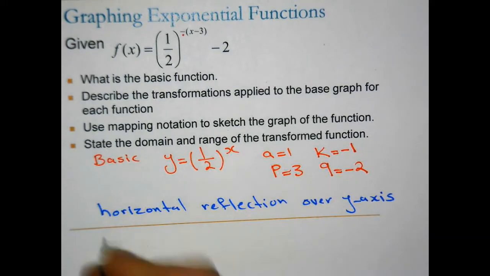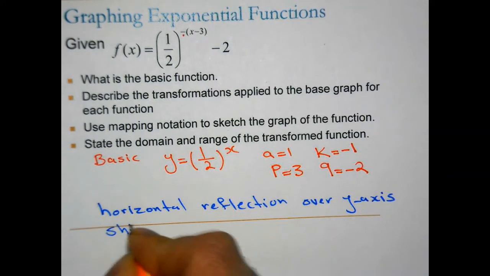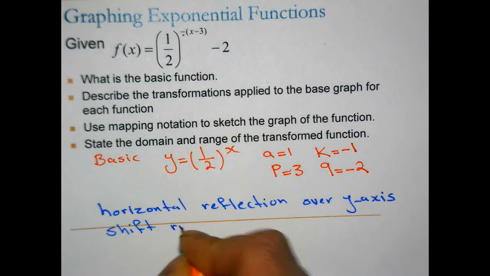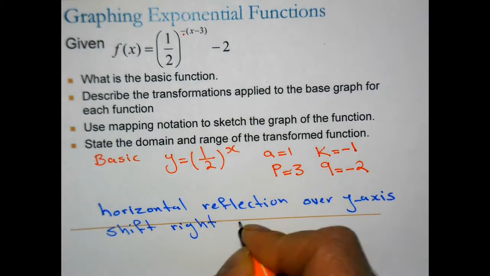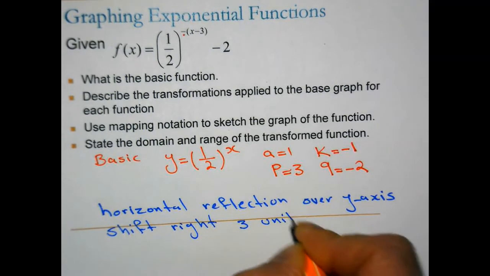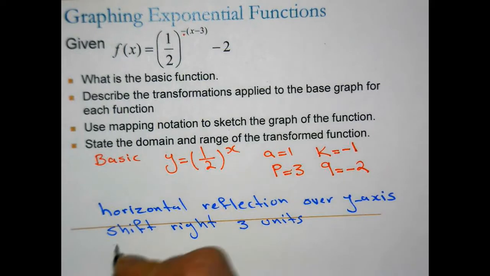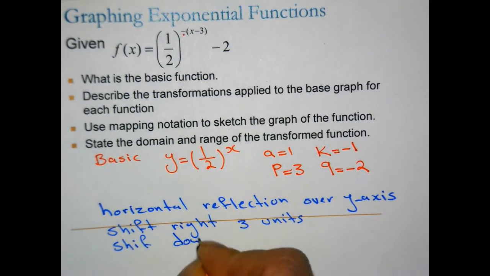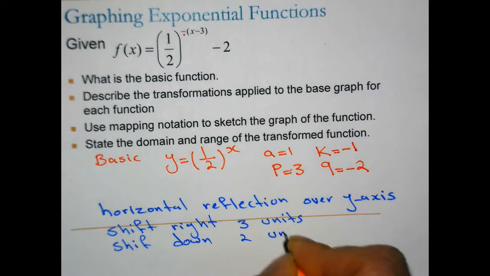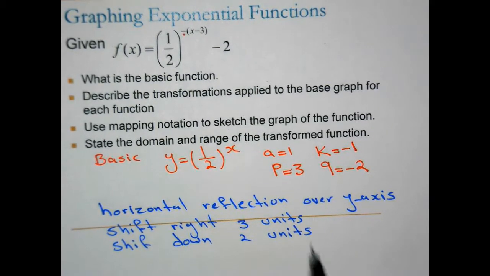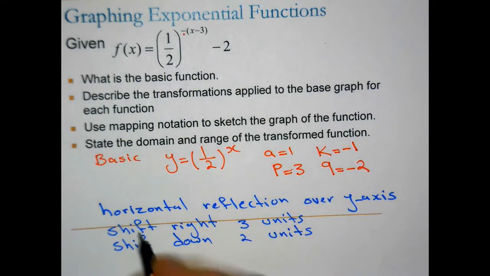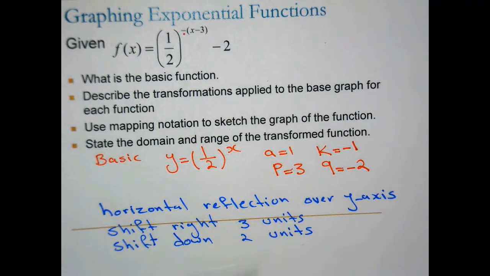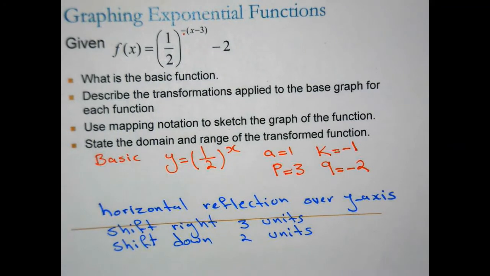P is +3, so that means shift right 3 units, and Q is -2, which means shift down 2 units. Another reminder that the only thing which will actually have effect on our horizontal asymptote is shift to the down.